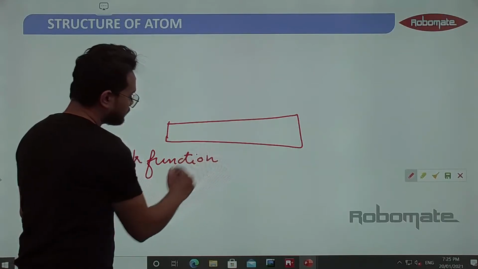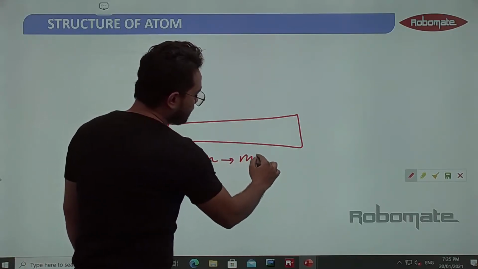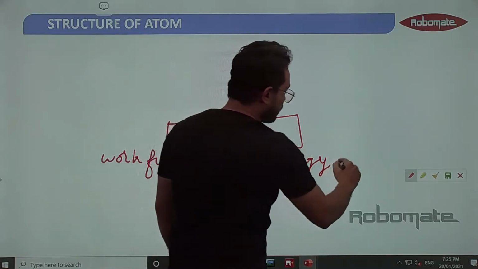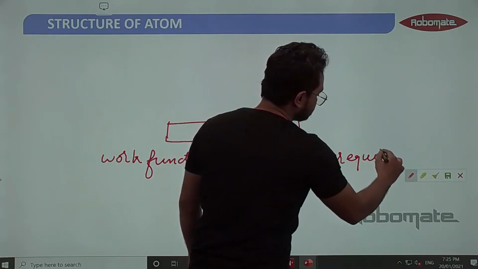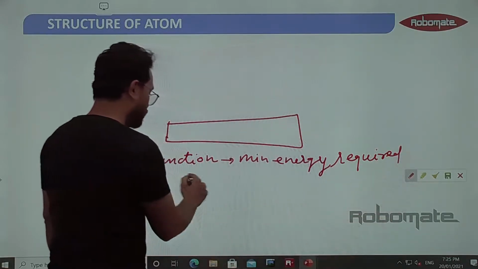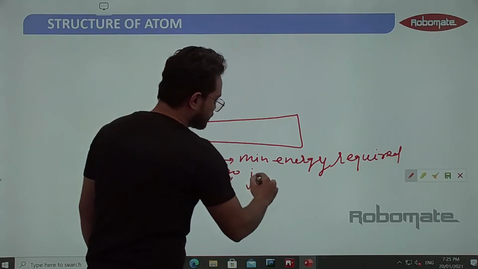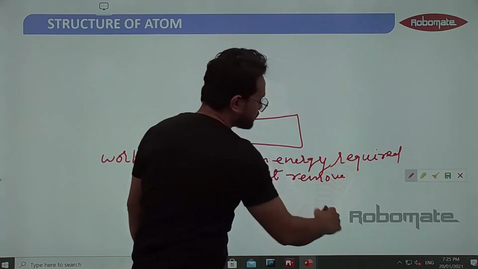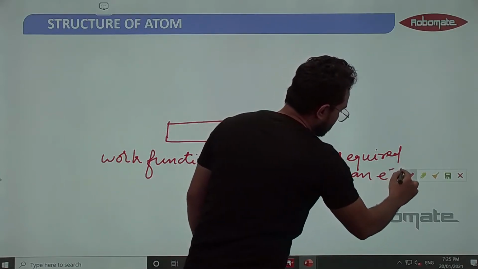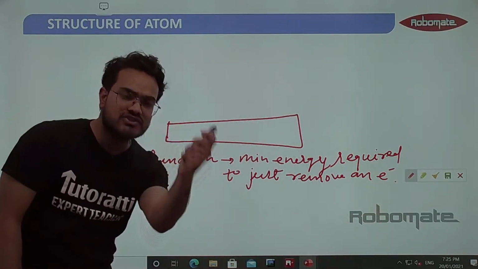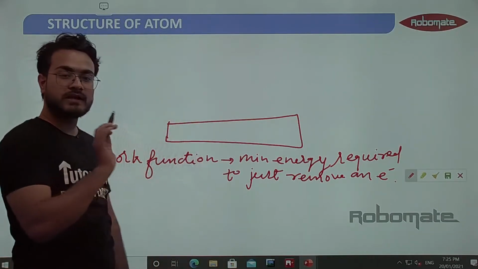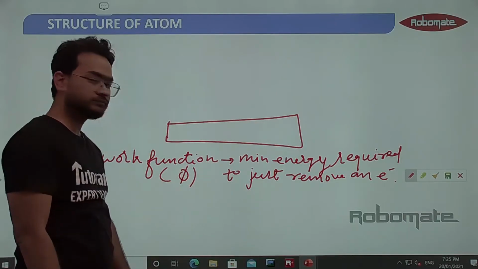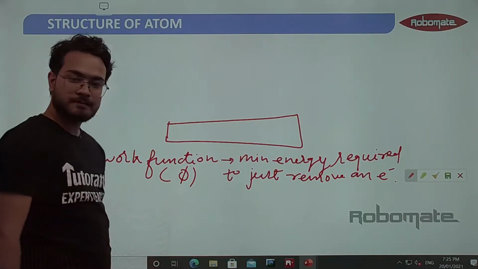That is the minimum energy required to just remove an electron. If I have to just remove an electron, the minimum energy required is called work function, and it is described as phi.